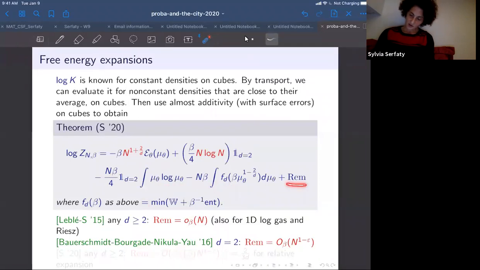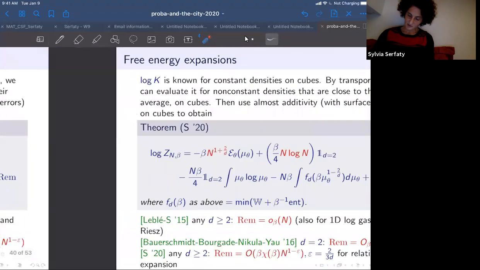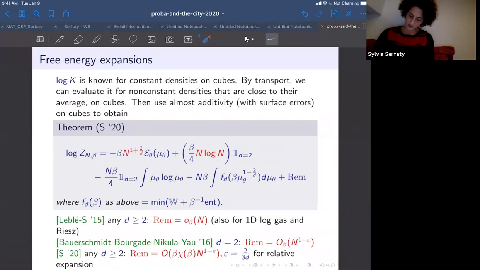And now, instead of knowing that the error term is little o of n, we can get that the error term is an explicit power of n, which for now is 1 minus 2 over 3d. So it's not optimal at all, but it's sufficient to do something with it. And in particular, what we do with it is to obtain central limit theorems. Any questions on this so far?